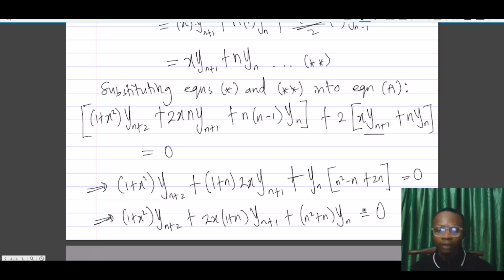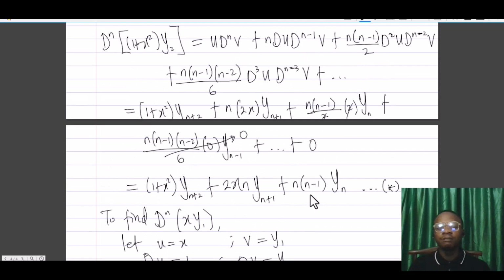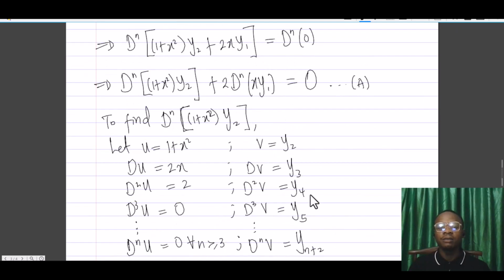So these are our relationship between y sub n plus 2, y sub n plus 1, and y sub n. So let us check, does this align with the formula expected for our final expression?